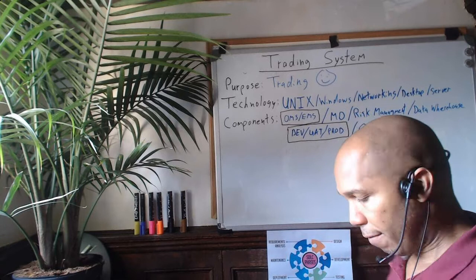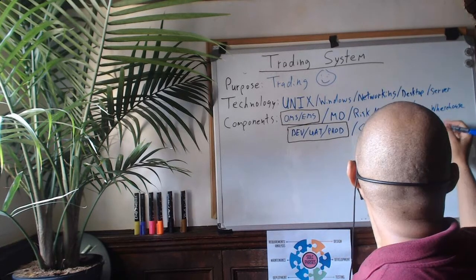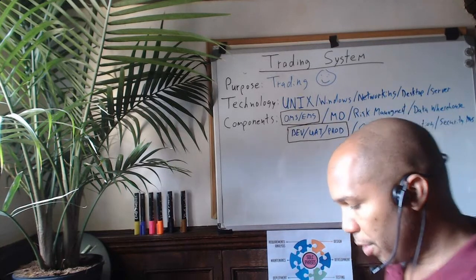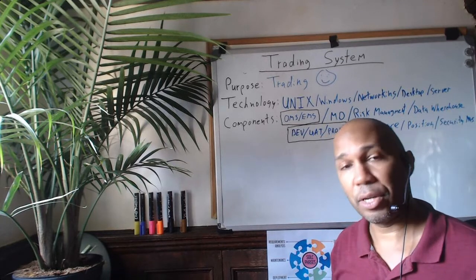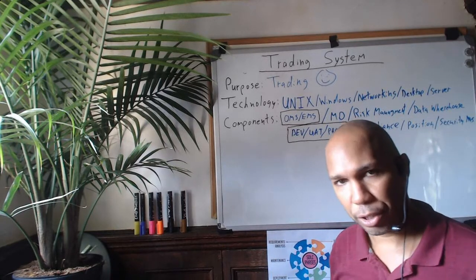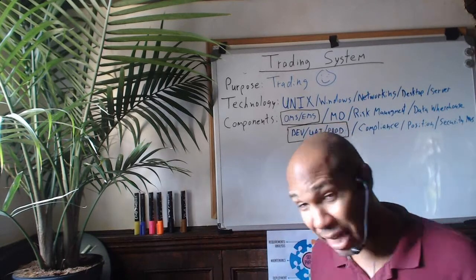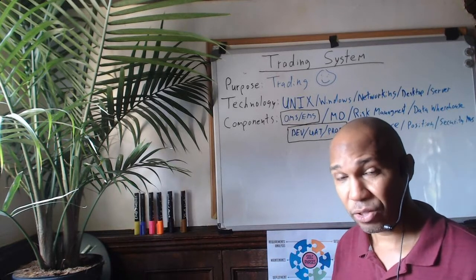You're also going to have position management systems, as well as some kind of security master. So basically, the position system is going to monitor your positions. For example, at the beginning of the day we were flat, we didn't have any positions in any stocks.